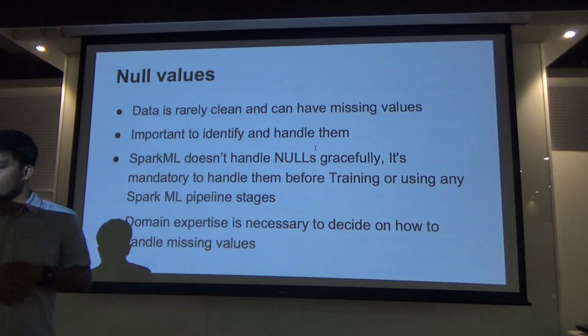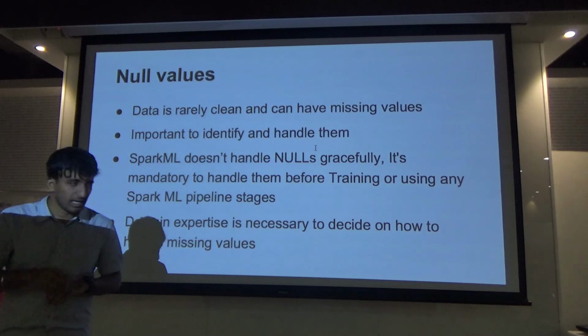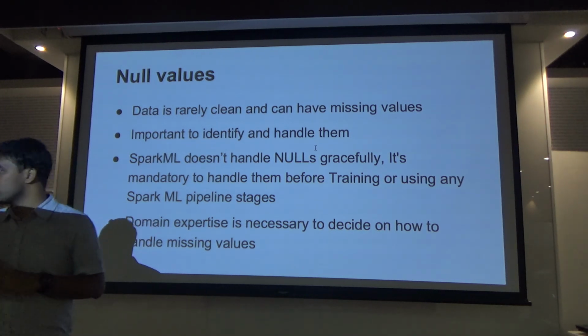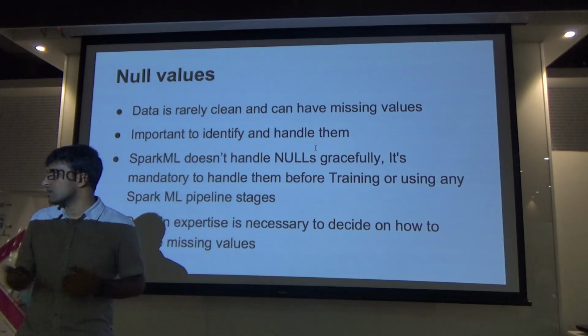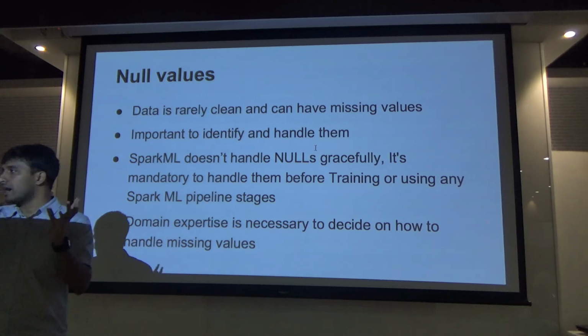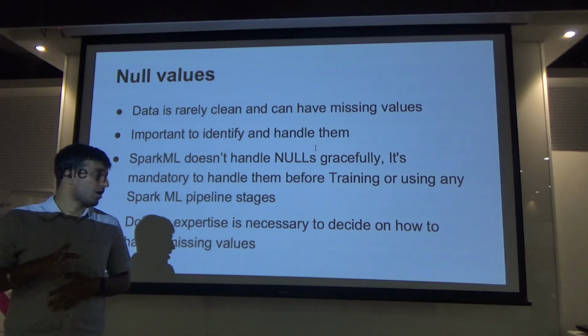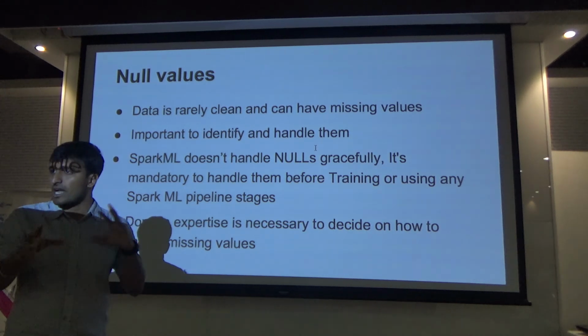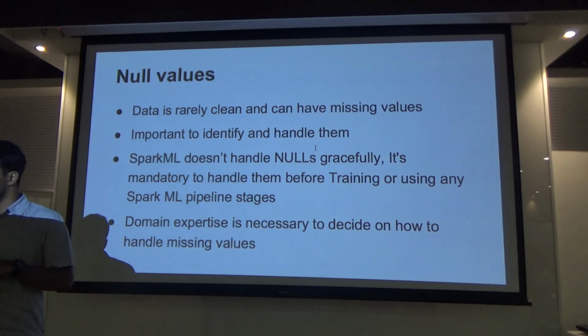There can be different steps. Also, Spark ML doesn't handle nulls gracefully. Whenever it finds a null, it just throws a runtime exception that it found a null. So then it's hard to debug and other things. So it's always recommended to use a null handler before using any of the Spark stages.